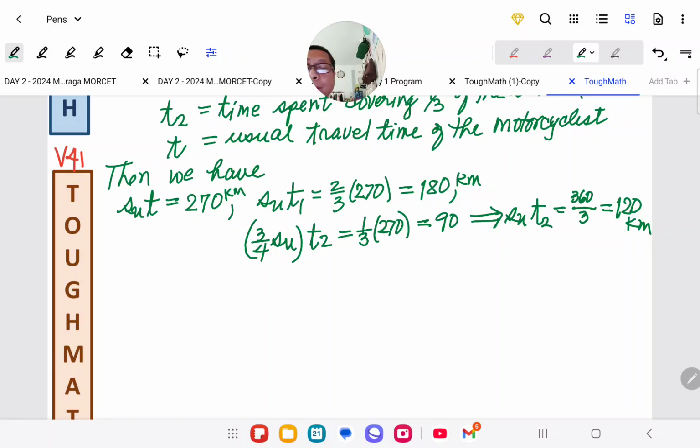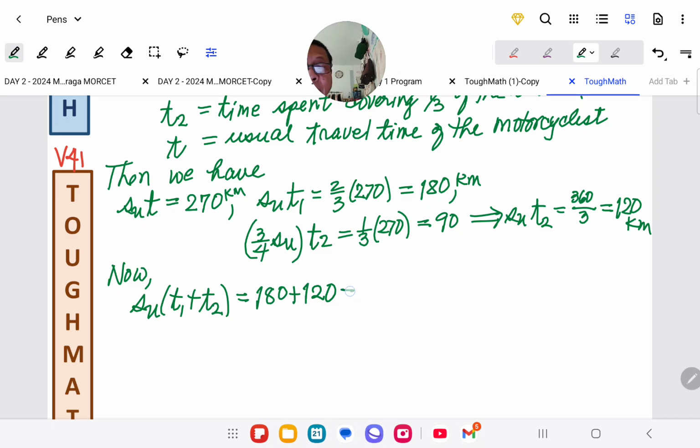Okay, now the usual speed times T1 plus T2 is equal to S_u T1 is 180, and then S_u T2 is 120, which is 300.